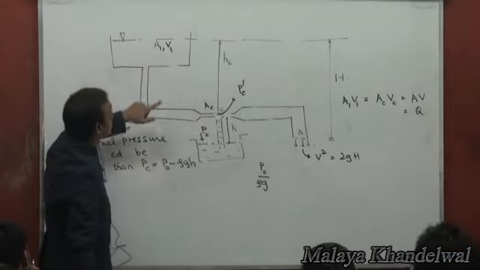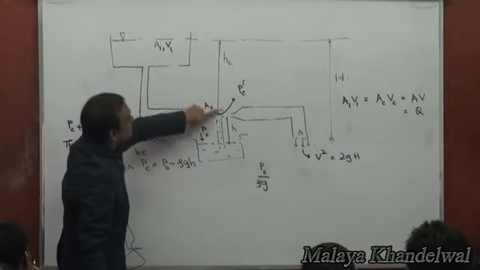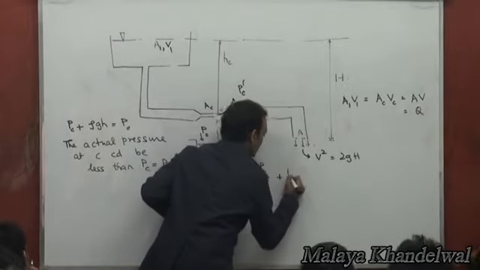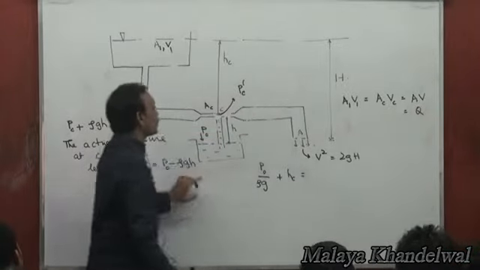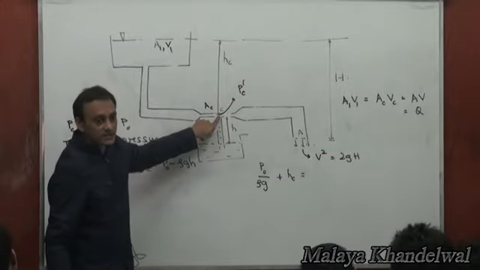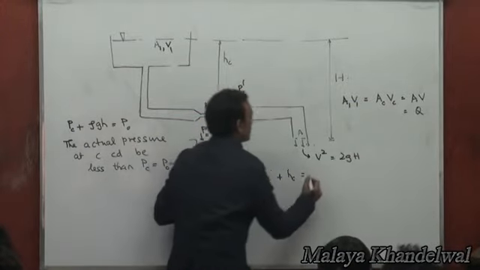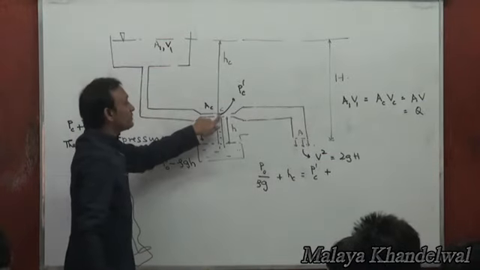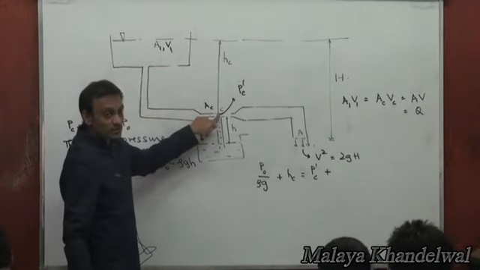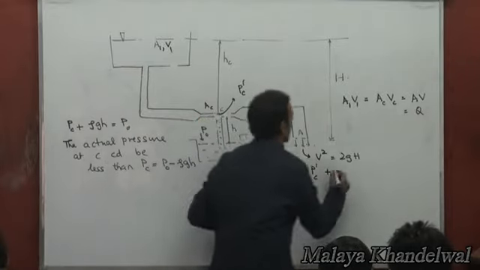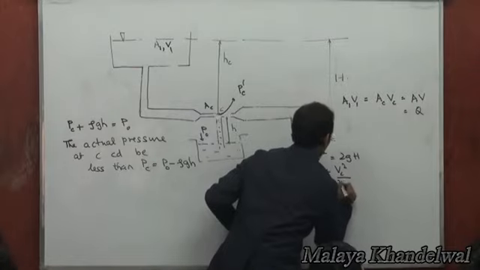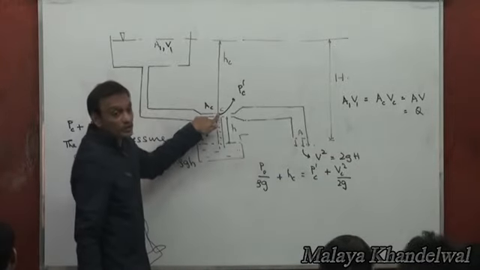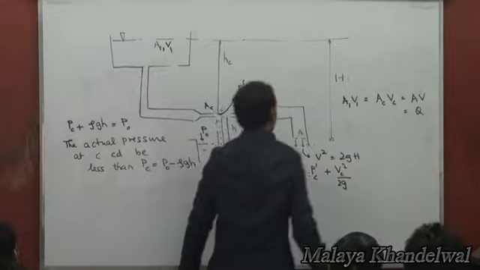If I neglect that, the Z for this compared to C is Hc, right? The pressure here is P prime C, plus the velocity VC squared by 2g, that's the dynamic head, and the datum here is 0 because I have taken this as the reference, right?